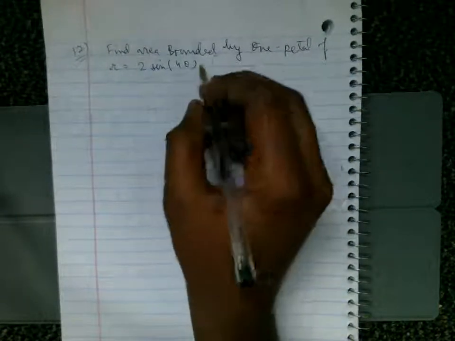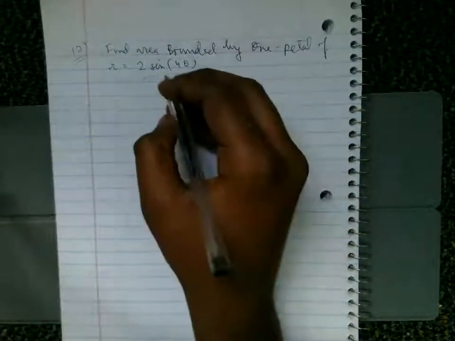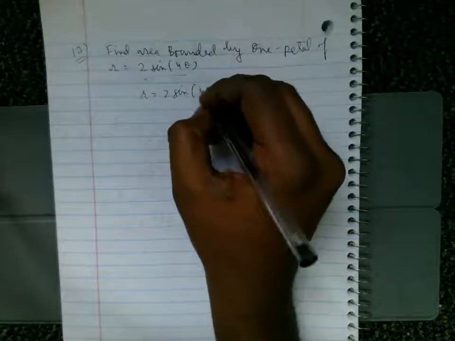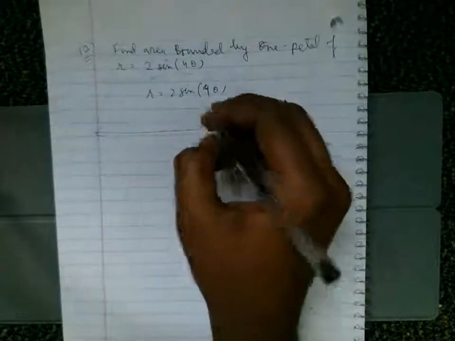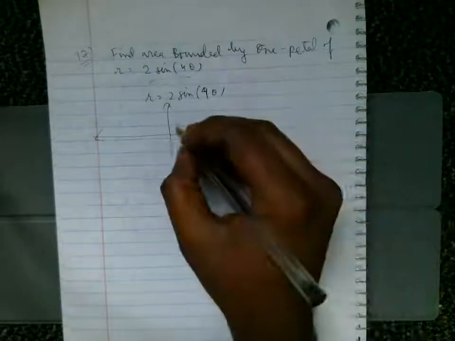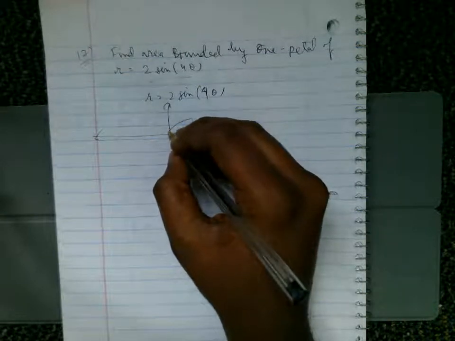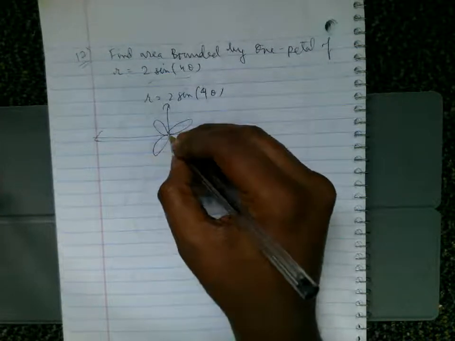So now this is the final problem. Find the area bounded by one petal of this curve. So remember that this can be thought of like this, something like this.